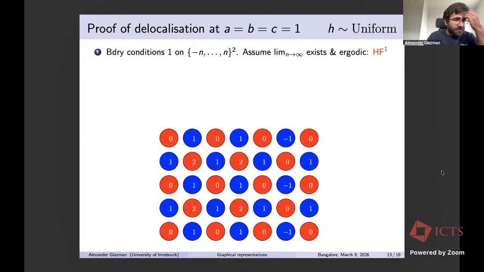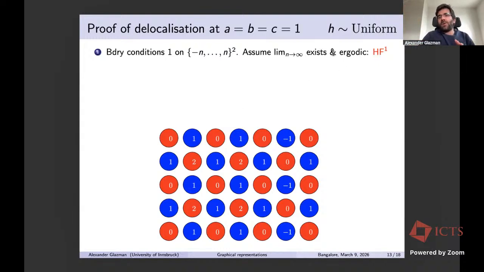Now a short argument of how to prove delocalization, first in the uniform case, and afterwards I will explain how to extend this to a non-uniform case. So we imagine that we put boundary conditions which are 1, and we assume localization. So assume that when we let the box go to infinity, the limit actually exists.